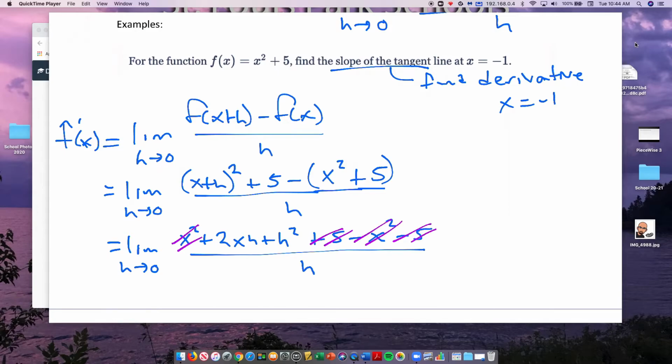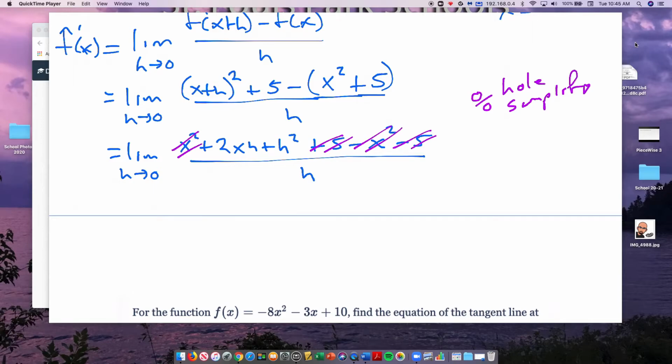And now when we plug in 0, we end up with 0 over 0. Well, that means there's a hole, right? That we need to simplify. Notice what you can pull out of the top of that limit right now: we can factor out an h.